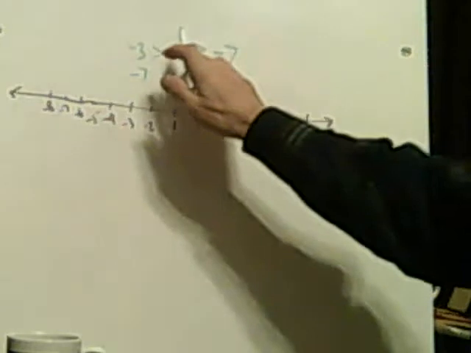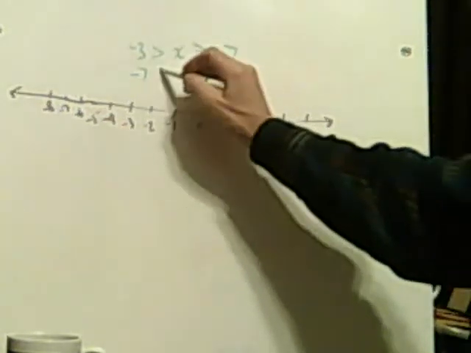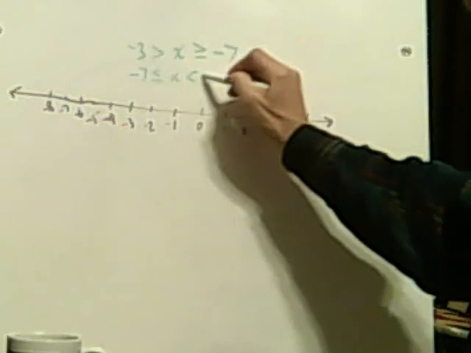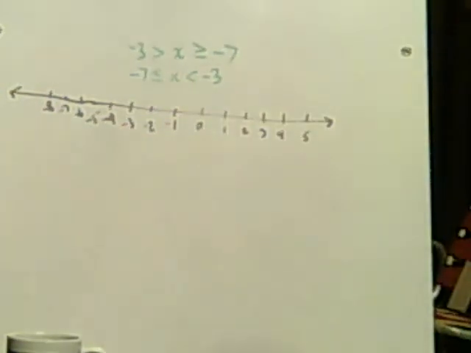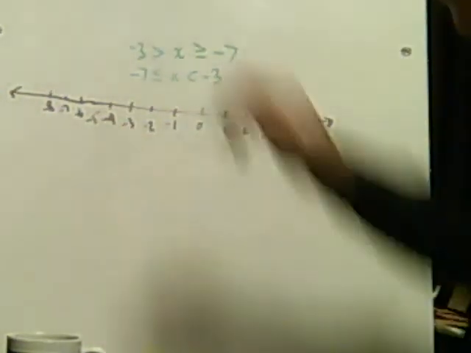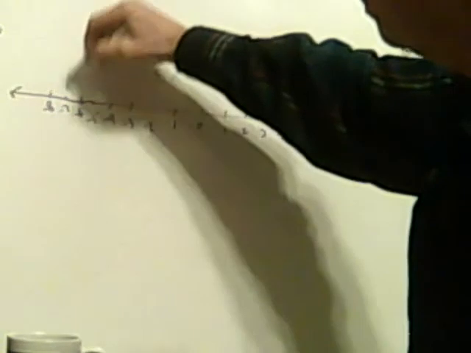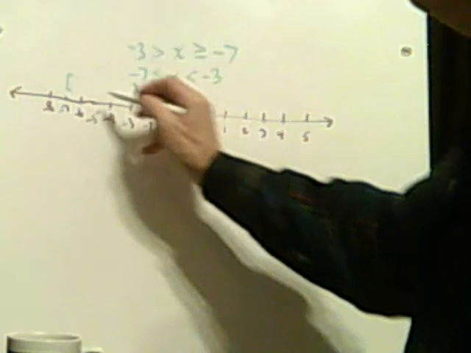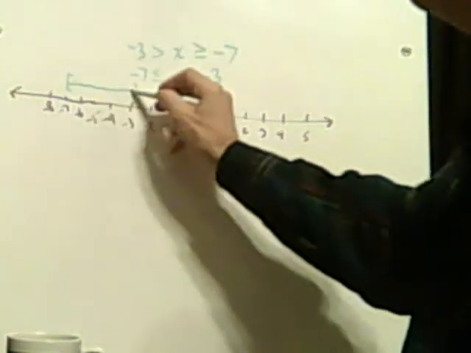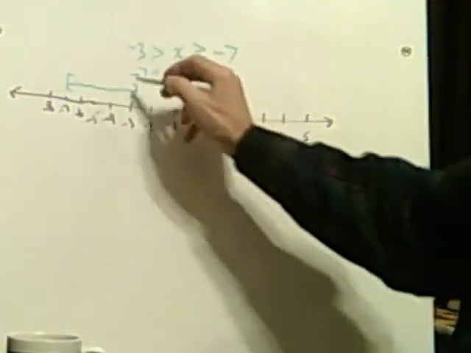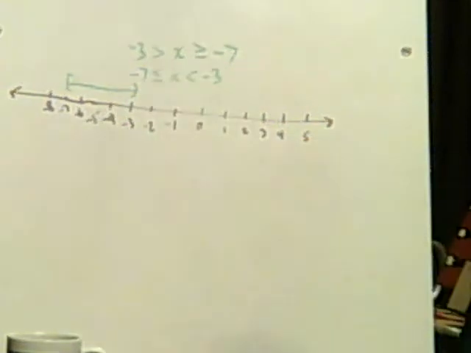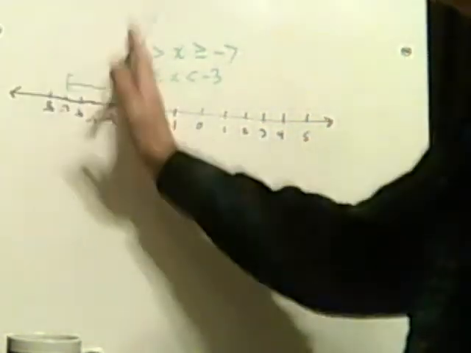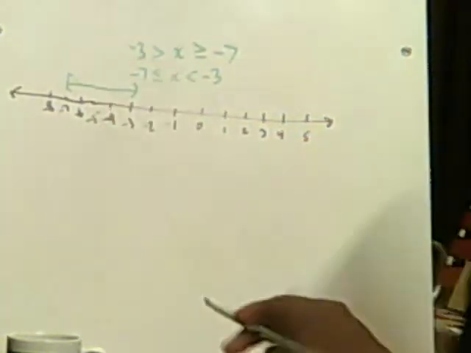So -7 is less than or equal to x, which is less than -3. So it's closed at -7, but it's less than -3, not equal to, so it's open on the end of -3. x is less than -3, but greater than or equal to -7, and that puts it in this interval.